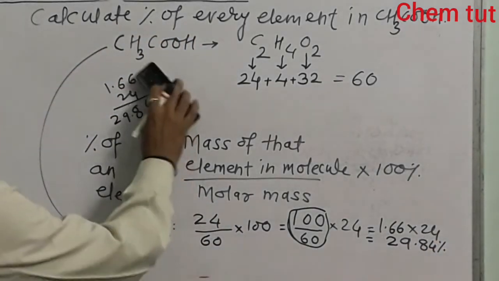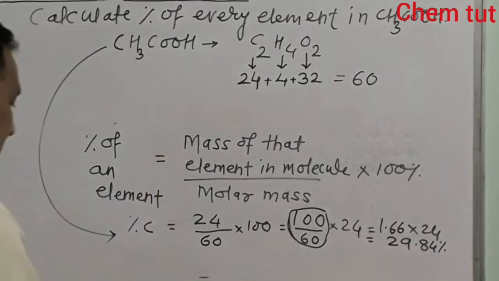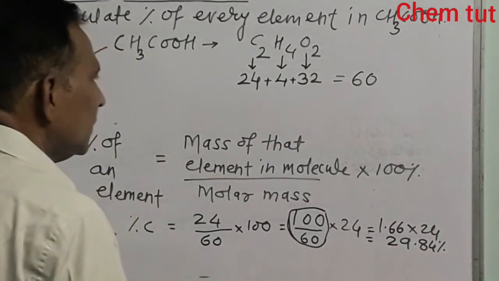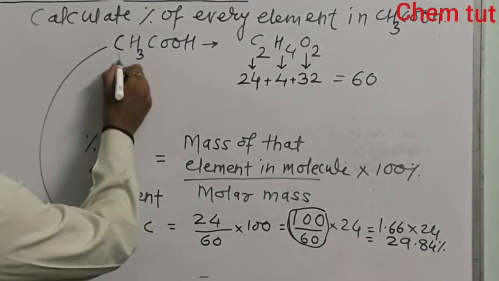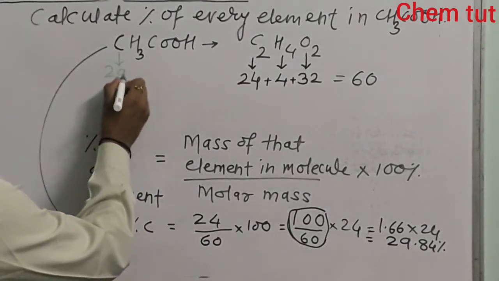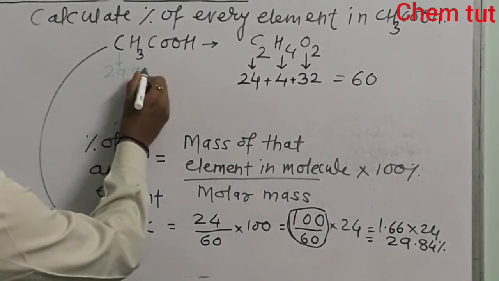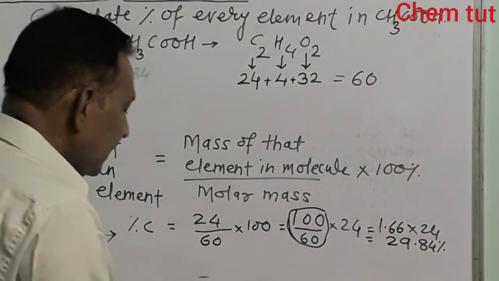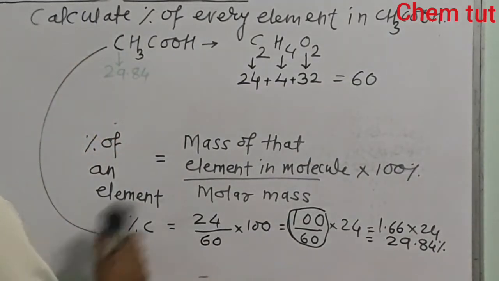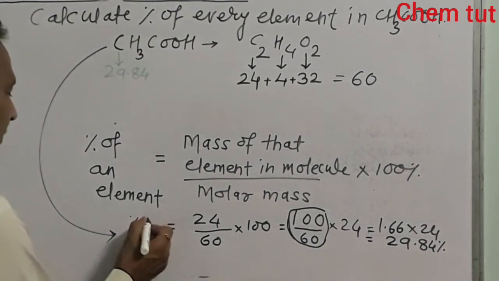So we'll write over here, what is the percentage of carbon in acetic acid? It is 29.84% of carbon.